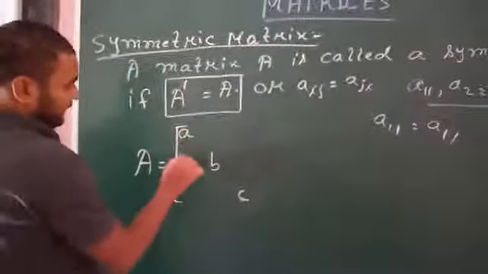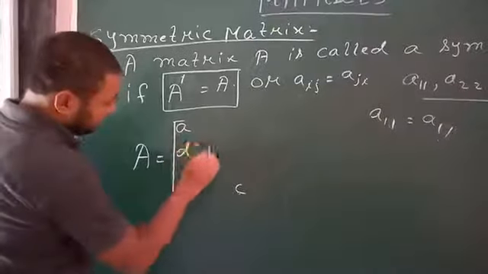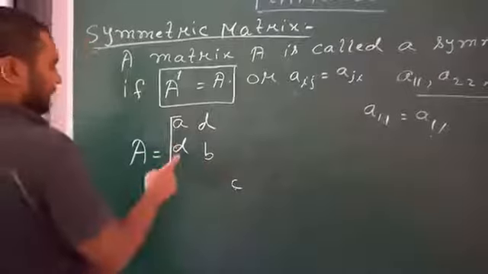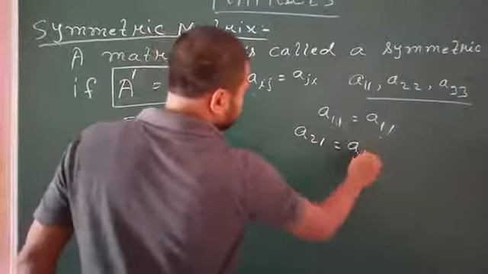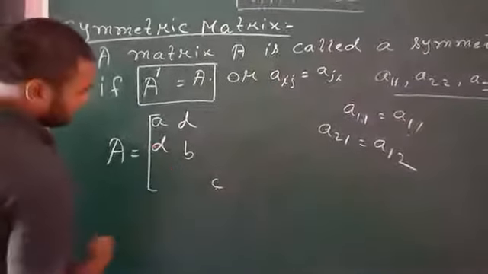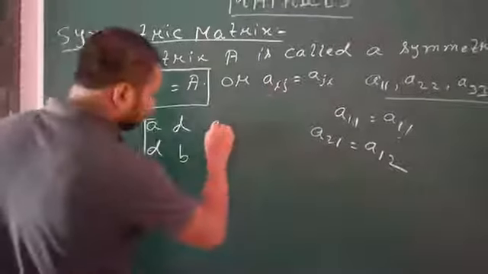This element and this element should be equal. A21 should be equal to A12, and this element and this element should be equal.